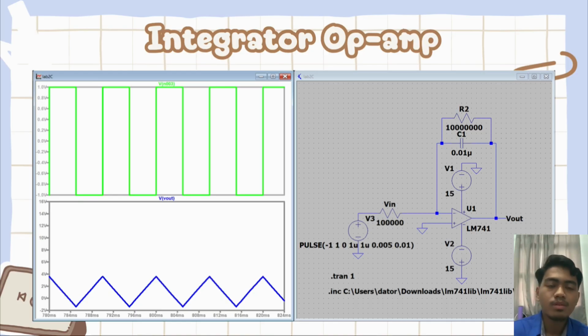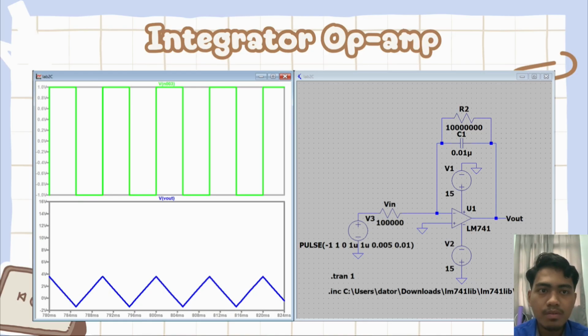251091614. Now I will focus on analyzing the integrator amplifier. The operational amplifier integrator is a circuit that performs the mathematical operation of integration, where the output voltage is proportional to the time integral of the input voltage.